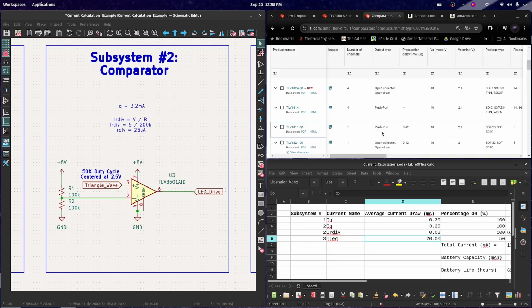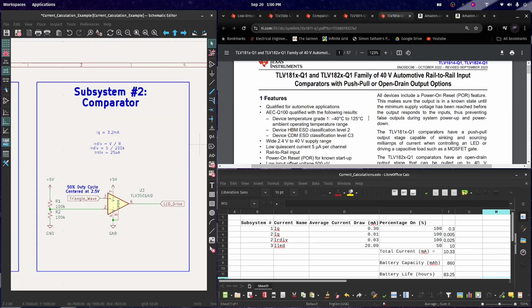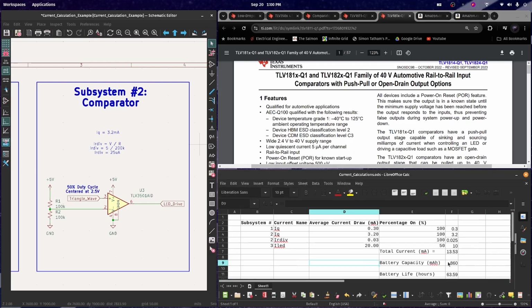This comparator is push-pull, can take 5 volts, and comes in the same package as the other one, and only consumes 5 microamps per channel. If we buy a single channel device, that's only 5 microamps. Now our battery is expected to last about 83 hours.